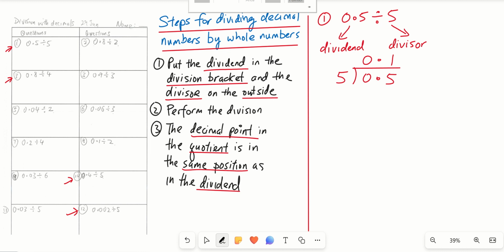Now this makes sense because you can imagine 0.5 as money. So $0.5 is the same as 50 cents. If you split 50 cents by 5, each person should get 10 cents, which is 0.10, which shortens to 0.1.